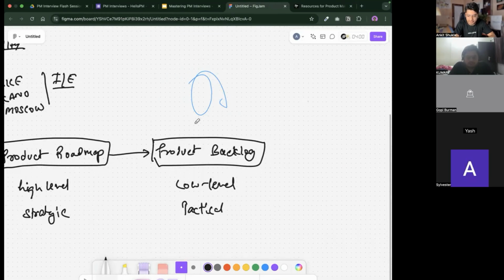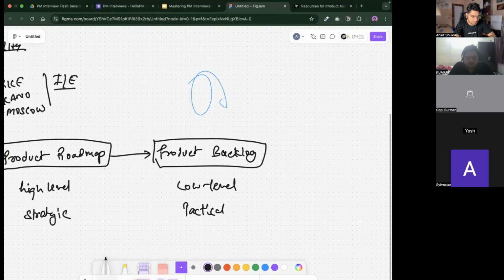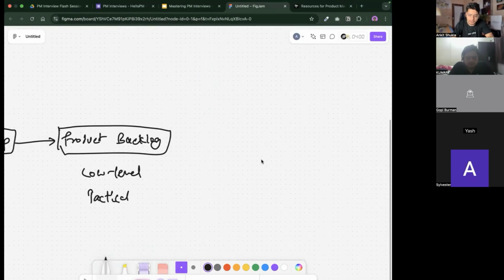So how do you give clarity to your team? You will further break down the product backlog into small parts. Let's say the product backlog is for 3 months, but planning and executing straight away for 3 months is not good. So you will take this product backlog and divide it into weeks.